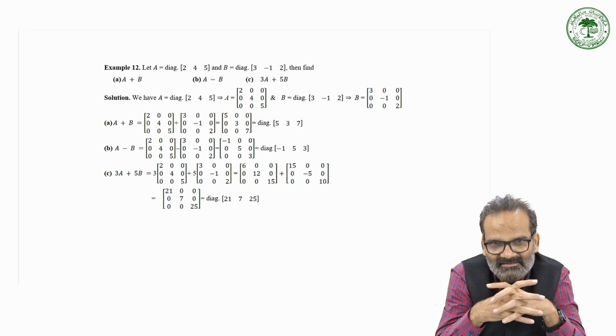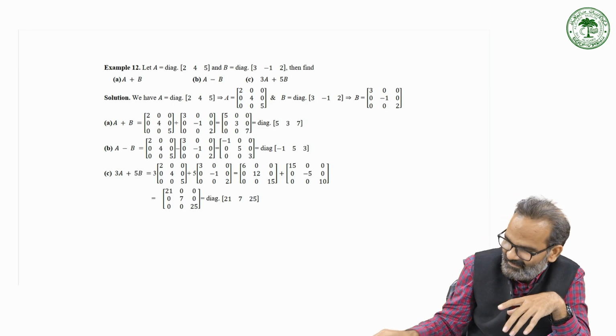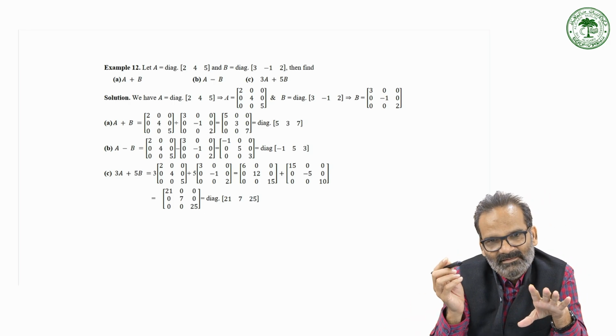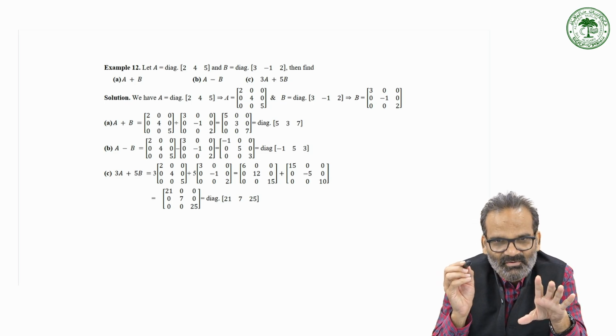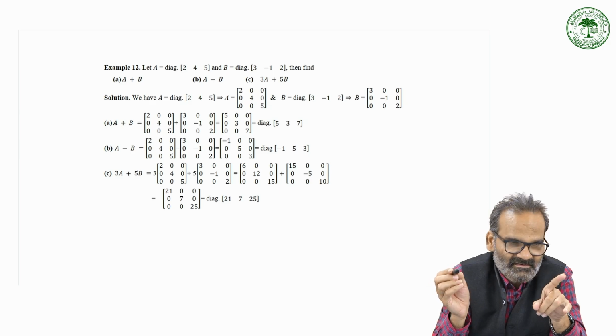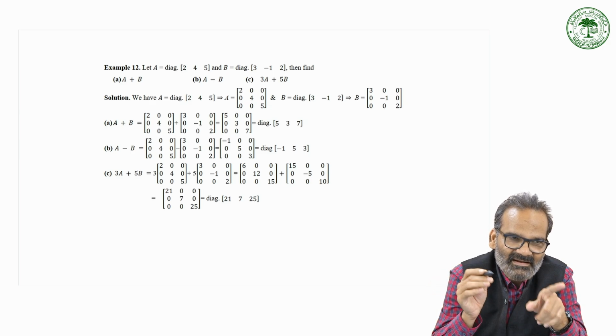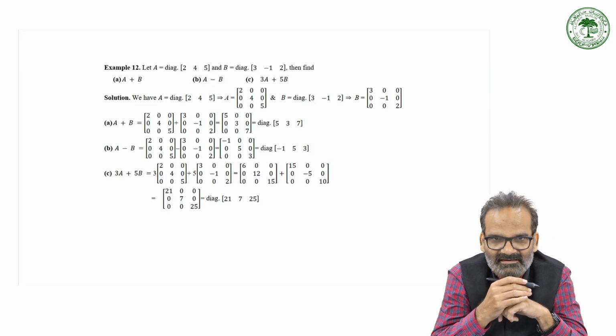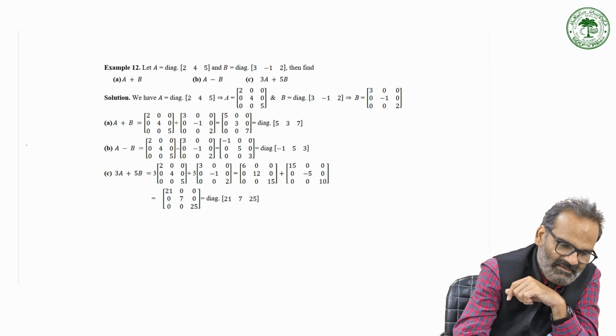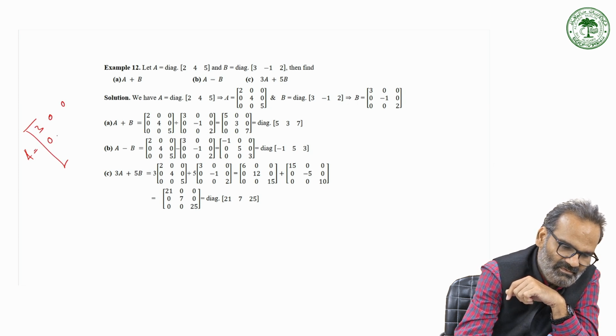A diagonal matrix is a matrix whose diagonal elements are non-zero and different from 1, and 0 elsewhere, right? Different from 1 means if they are 1, the matrix will convert to the identity matrix. For example, let us write a diagonal matrix first. Say 3, 0, 0, 0, 5, 0, 0, 0, 7.